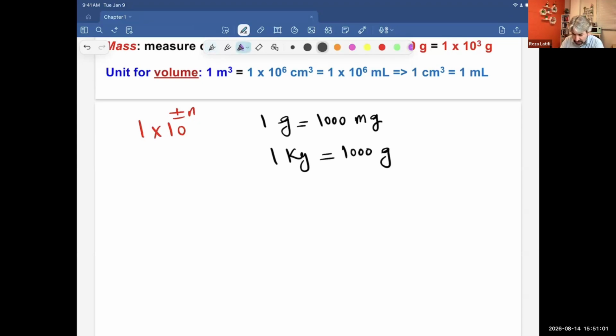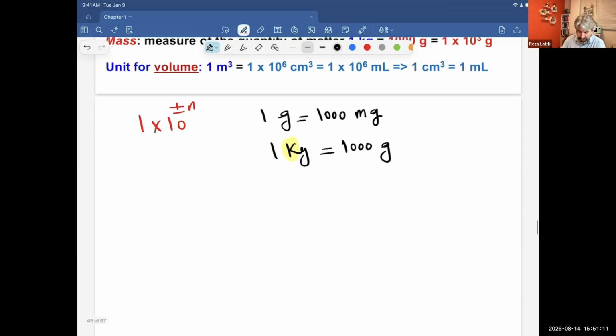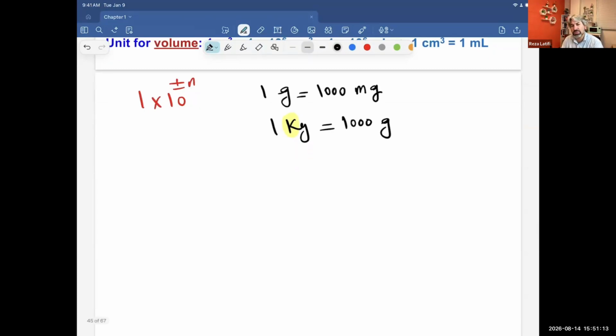You should highlight this one: K stands for 1,000. So when you say 1 kg, you mean 1,000 of that unit. Now, how can I connect a gram to milligram and kilogram? We can say 1 gram is equal to 1 multiplied by 10 to the third, and the unit will be milligram.